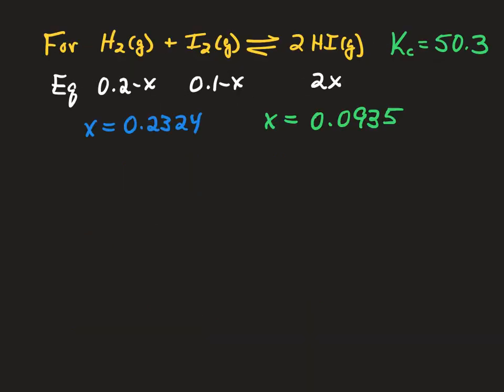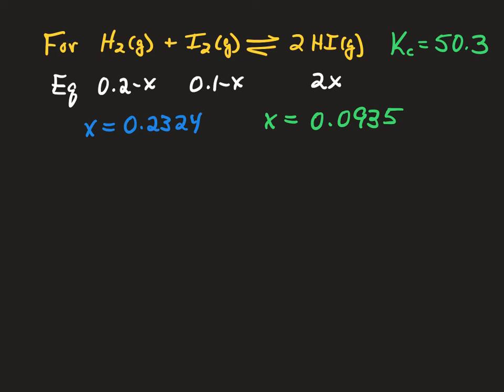Here's our information moved over. Here is how we defined our equilibrium concentrations of each component. Here are our two potential values of x we just found from our quadratic. Again, we have to look and see what makes sense physically.